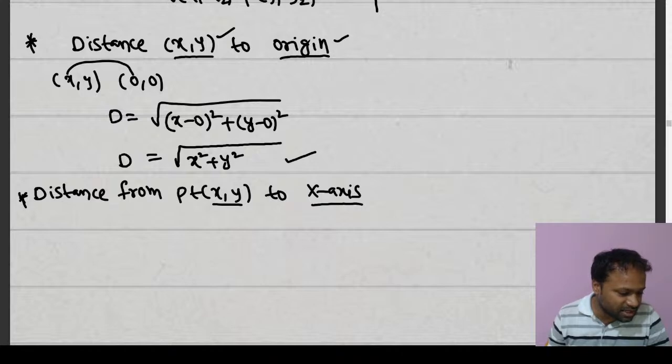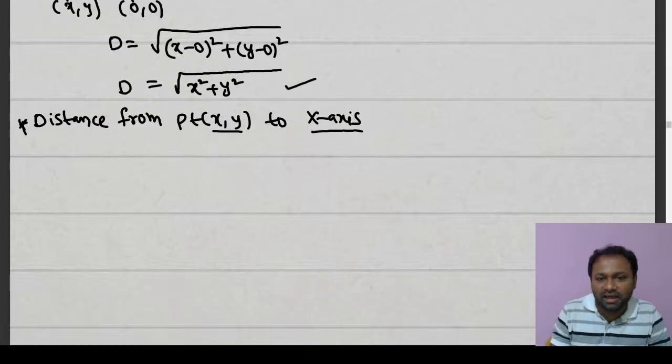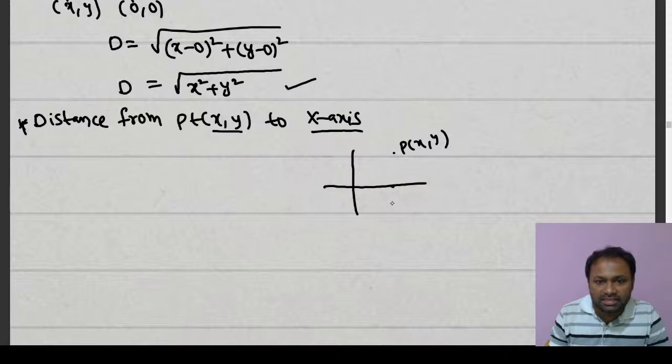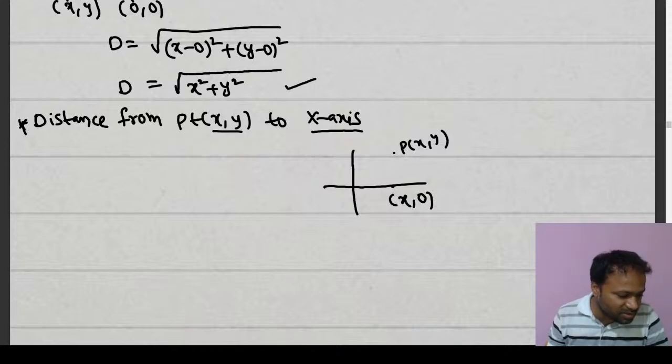Let us see. I will draw the diagram. This will be the diagram. This is the point, the point is x comma y, and x axis means I will take any point on x axis as x comma 0.